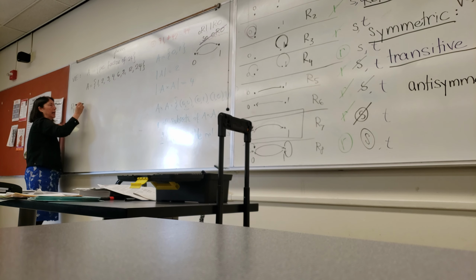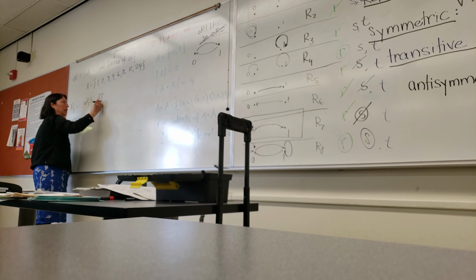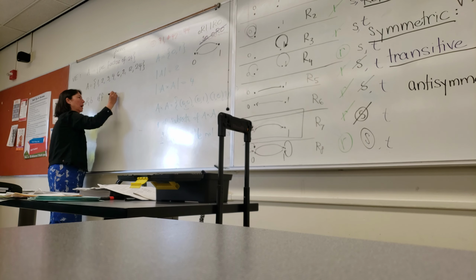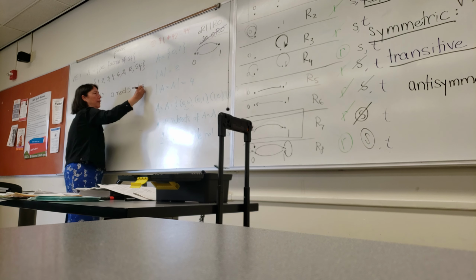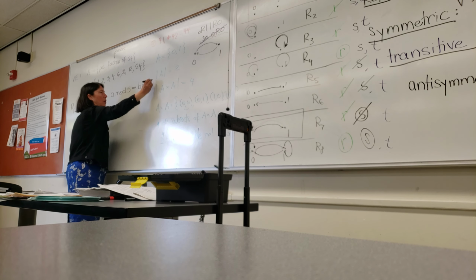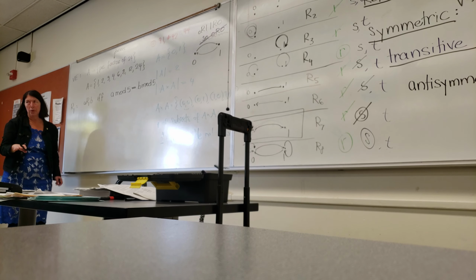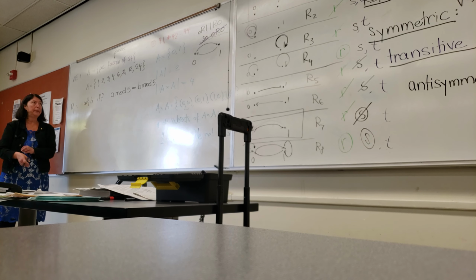So I'm going to say A is related to B if and only if A mod 5 is the same as B mod 5. Why did I pick 5? I have no idea. Usually we pick a prime number when we do this, meaning the 5, the thing we're modding by.